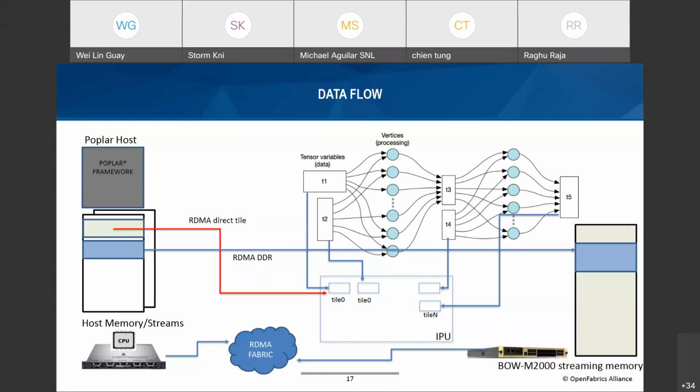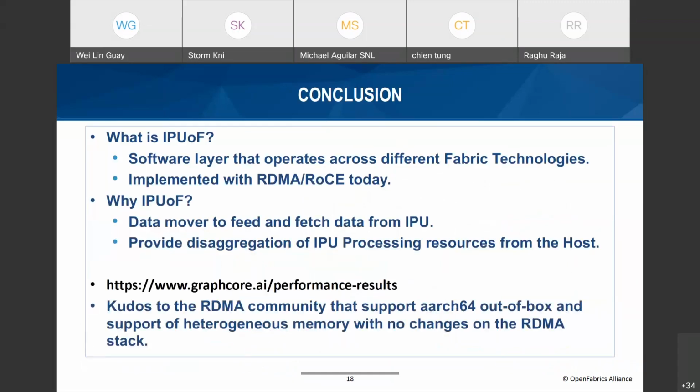And that concludes our talk. There are two key takeaways that I'd like to emphasize here. What is IPUoF fabrics? It's basically a software-emulated layer that is supposed to work across different fabric technologies, and today we implement it with RDMA operating on top of RoCE. And why do we need IPUoF fabric?